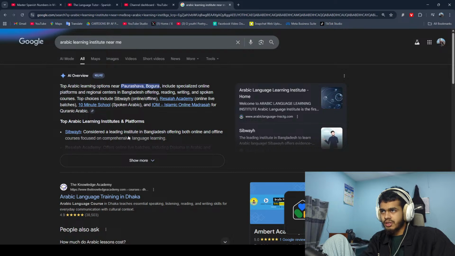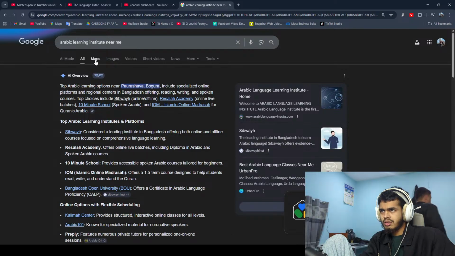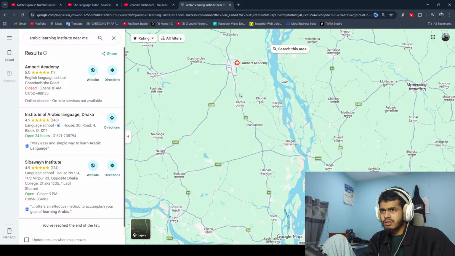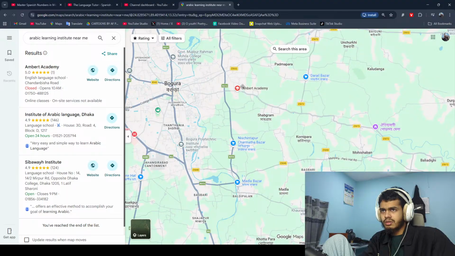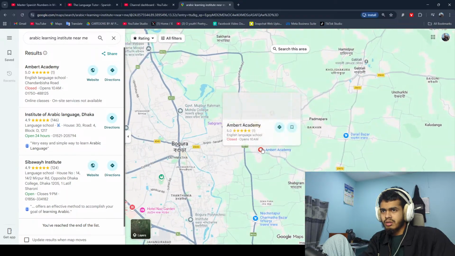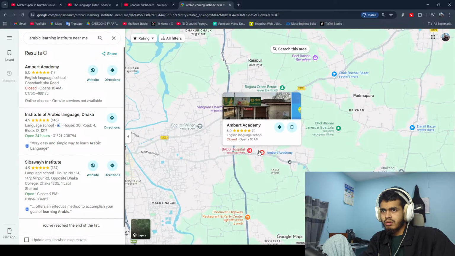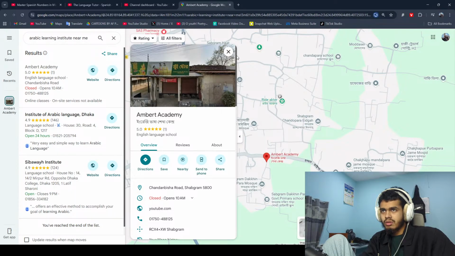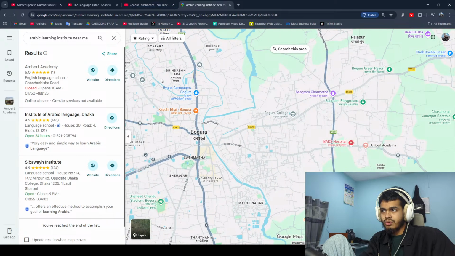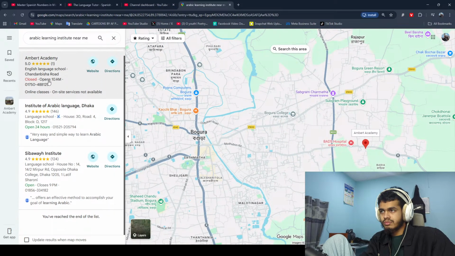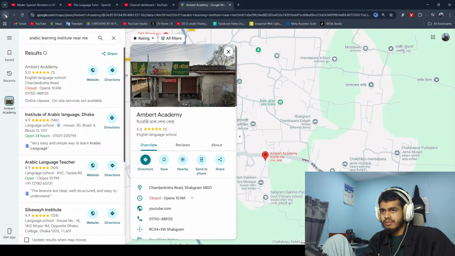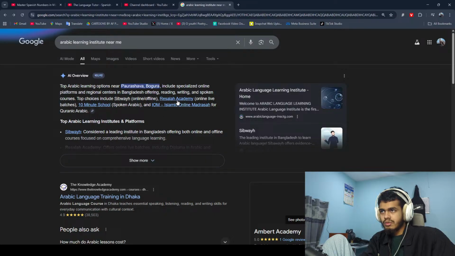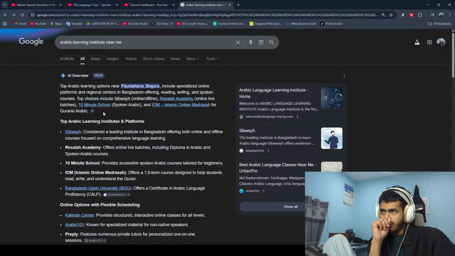Near Poroshova includes specialized online platforms and regional centers in Bangladesh offering reading, writing, spoken courses.